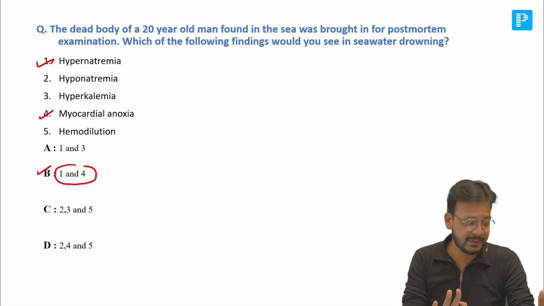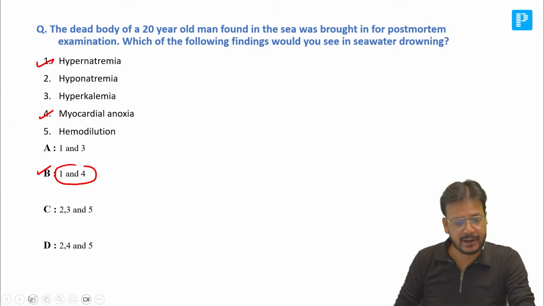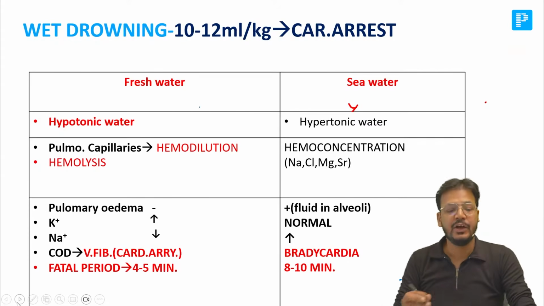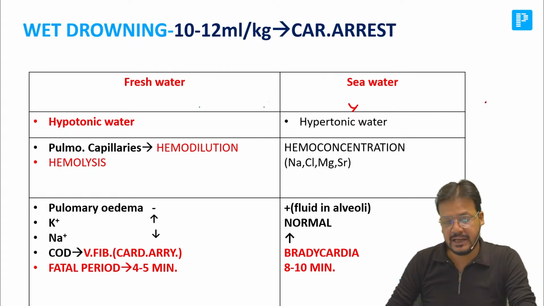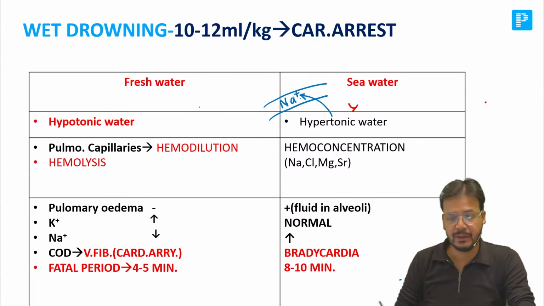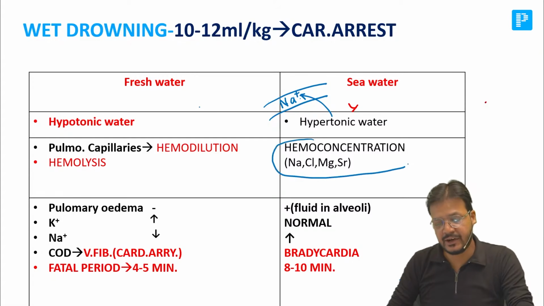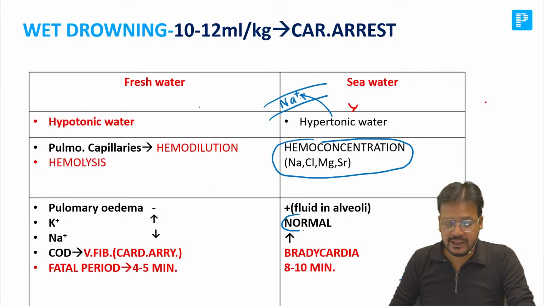Very important question, my dear friend. I will compare both drownings. In seawater drowning the answer is hypernatremia and myocardial anoxia. In seawater, the water goes into the pulmonary capillary. The sodium inside, that is hypertonic water, causes hemoconcentration. Potassium here is normal.